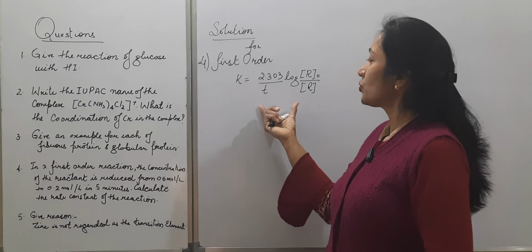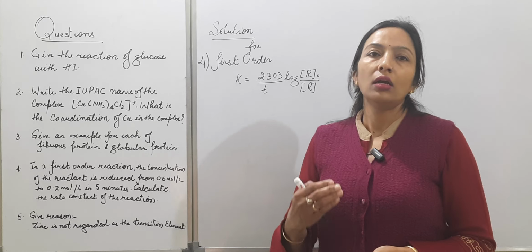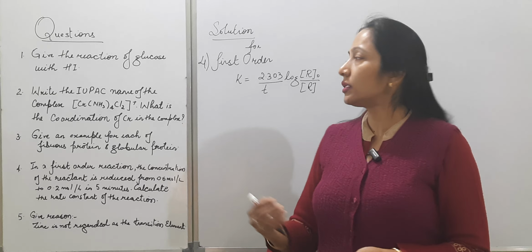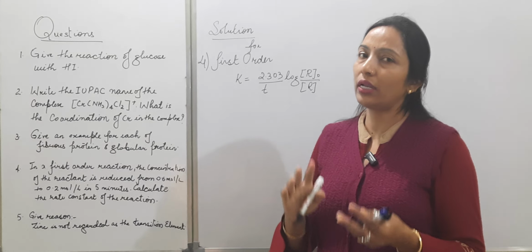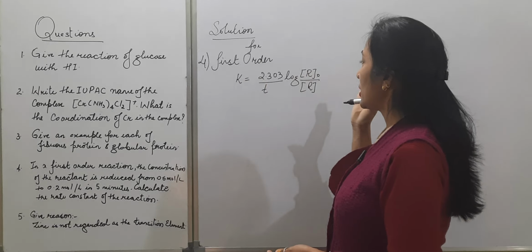This is the way we can calculate it. Because this is a 2 marks question, if you write this, you can get 1 mark at the same time, because you wrote the relation between the rate constant, the concentration and the time.